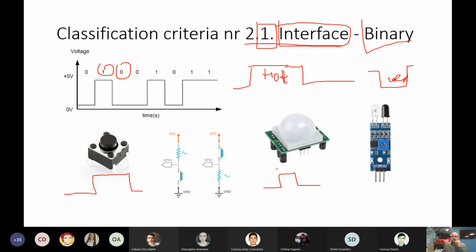Now I will introduce another parameter that is related to the domain, or how many values we have in the domain. In the domain of this sensor, what is the resolution of this signal? Can you give me some feelings about that?